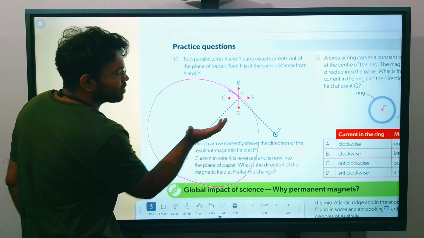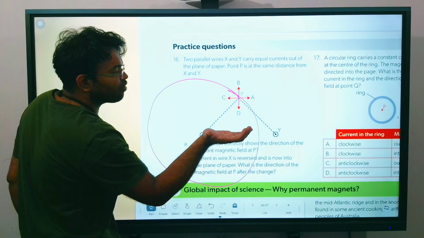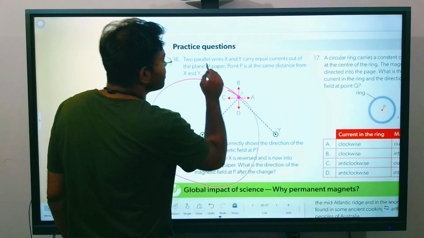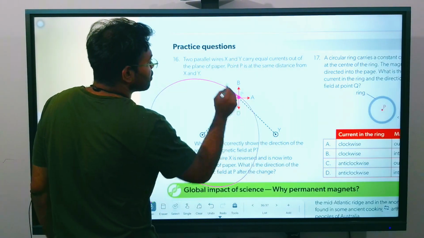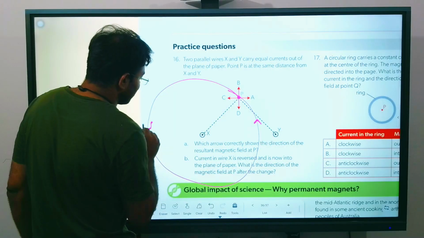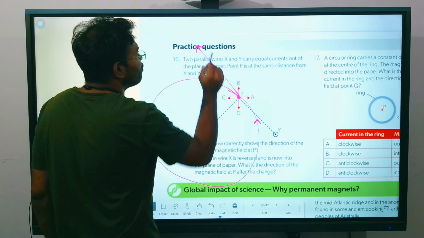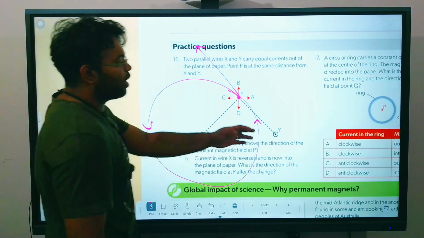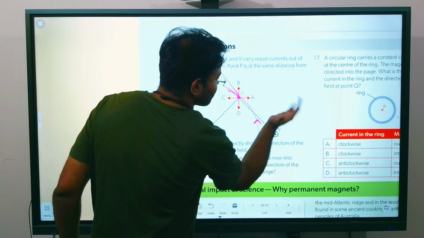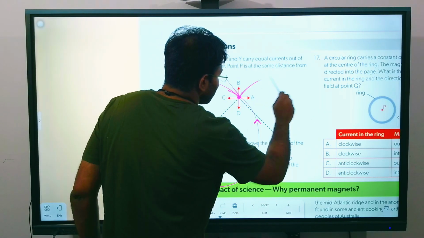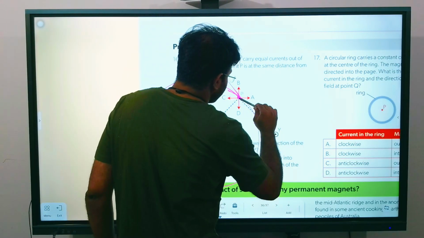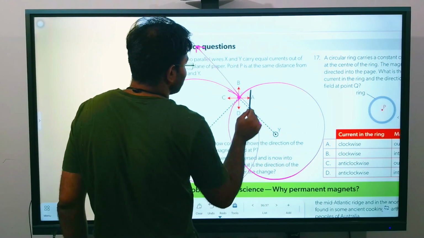Because the thumb is outwards, the direction of the magnetic field at this point will be this direction. See, it is going in the anti-clockwise direction, right? It is anti-clockwise. Therefore, this field will be like this. Now, again, due to Y, you are going to get an imaginary circle like this.